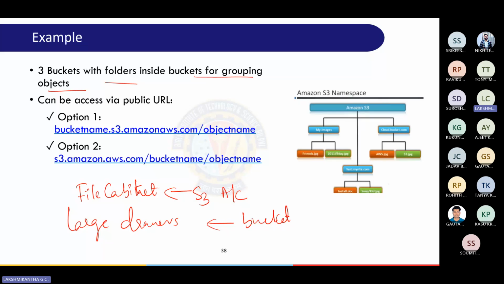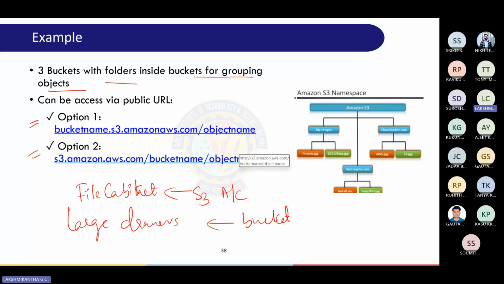The key thing is how to access them. You can access any object via a public URL, guys. I have given 2 options to you all. The very first option is you can use path style. See here, in path style I have mentioned bucket name.s3.amazon.aws.com/object name.